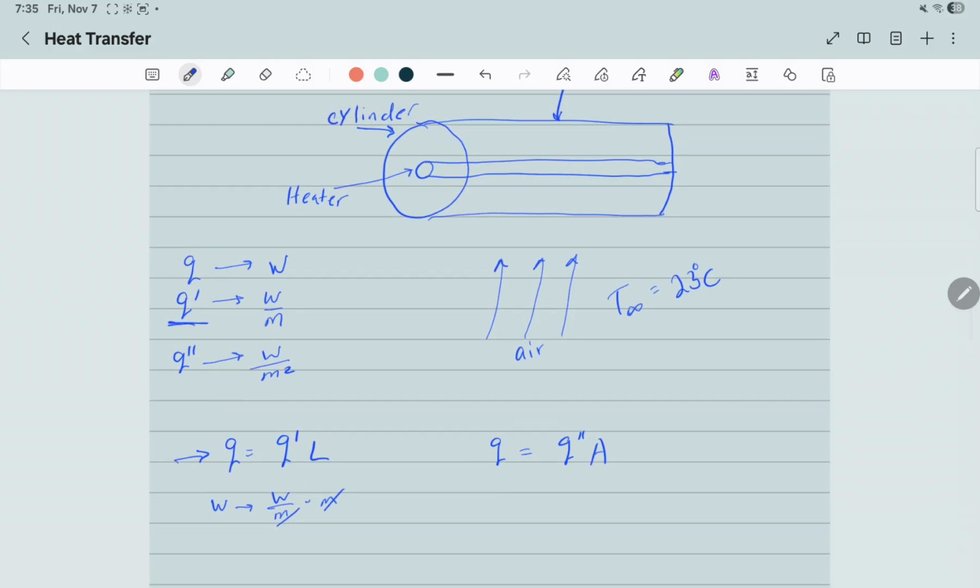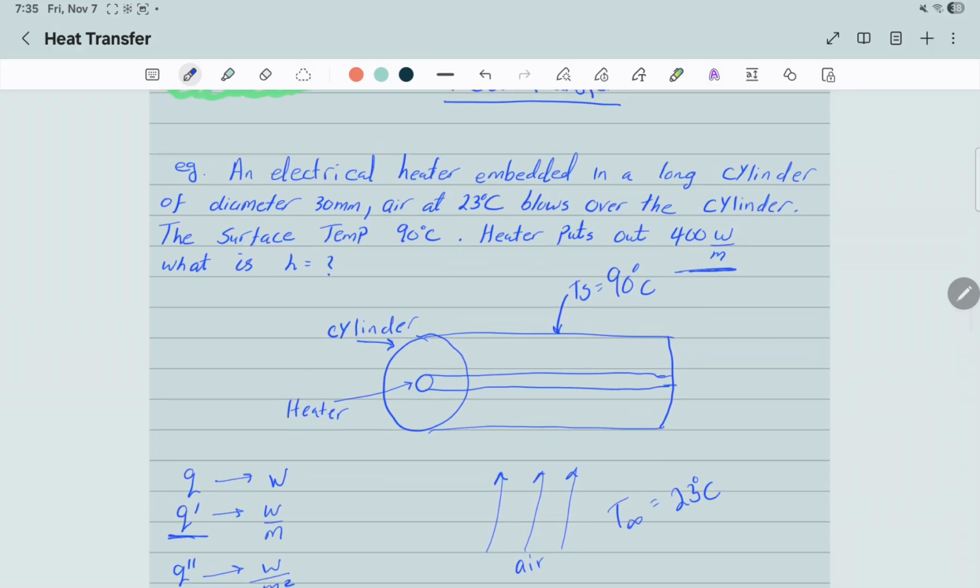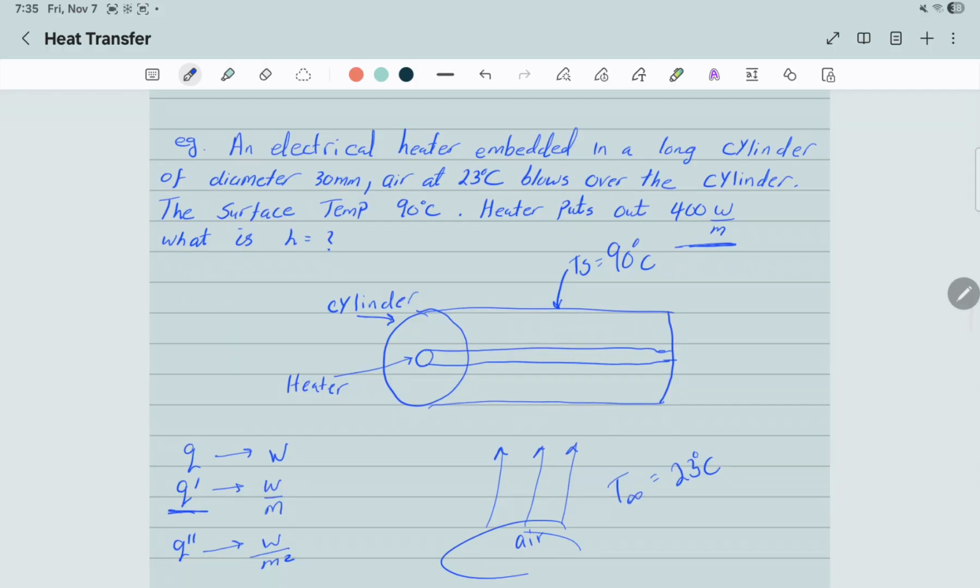So from the problem statement, we can identify that we're working with convection. Why? Because there's a fluid, air, with a surface that's emitting heat. Therefore, we're working with convection.